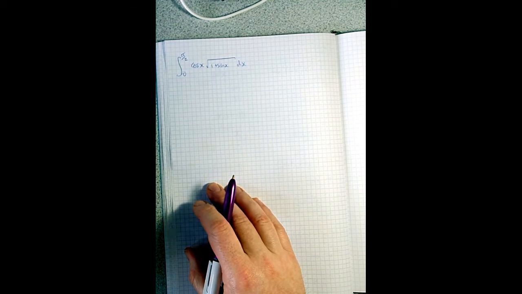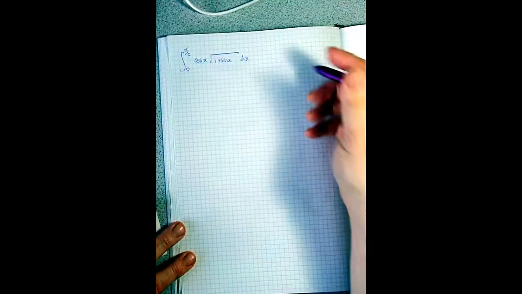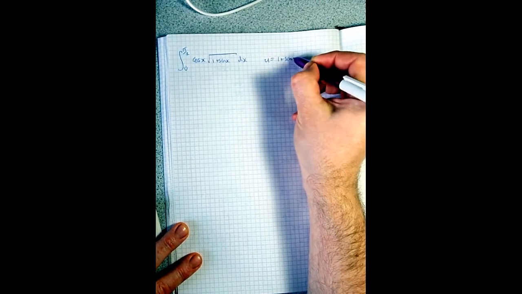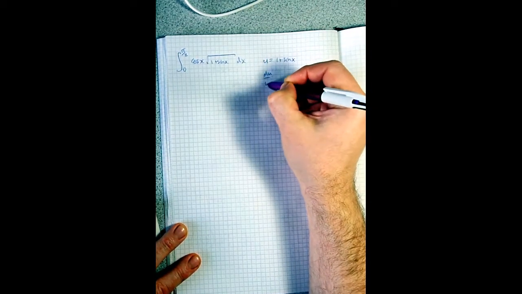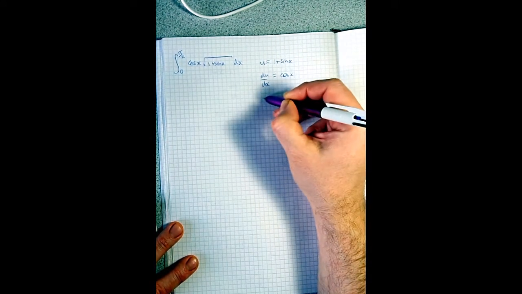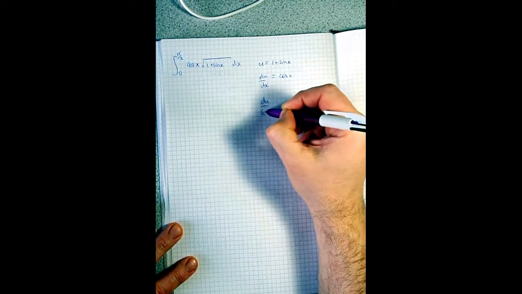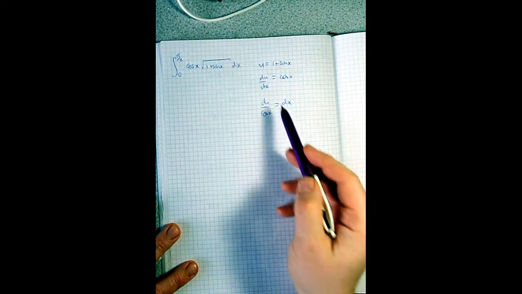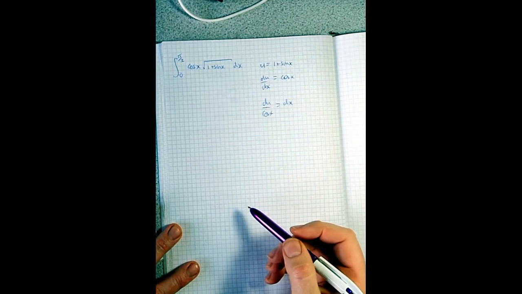Not given a substitution again, but as I say, I think it's quite obvious. Let's make u equal 1 plus sine x, and we know what's going to happen here. du dx is cos x. So du over cos x is dx. So clearly my du over cos x will cancel out with my cos x.